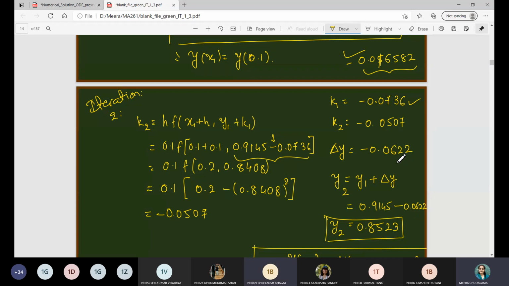Ma'am, minus 0.0622. And this one is also 0.9145, no? Yes, ma'am. So directly you can see the subtraction will be 0.8523 only. There is no rounding off over here because both of them are up to 4 decimal places, no? Yes, ma'am. Shreyans, are you getting it? Yes, ma'am. Okay, fine.